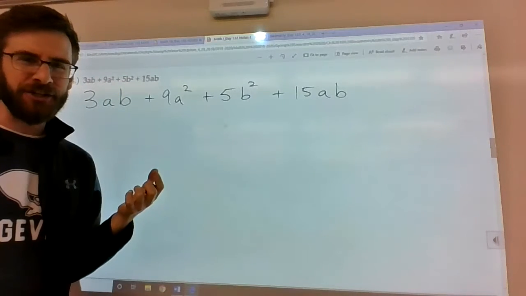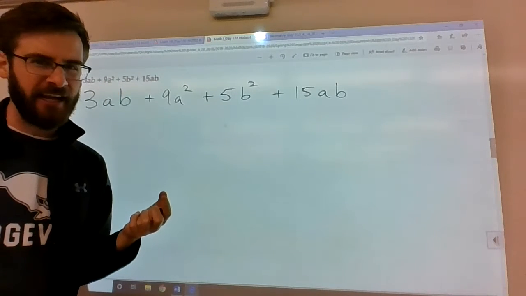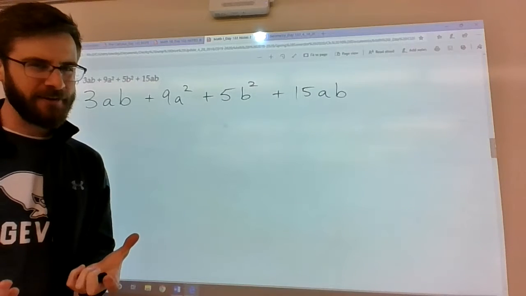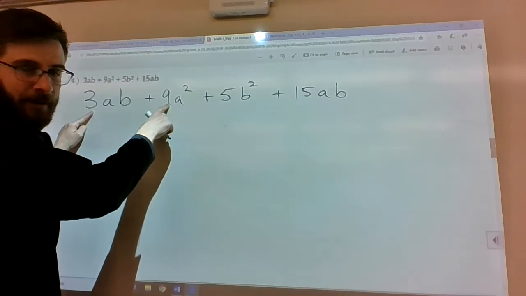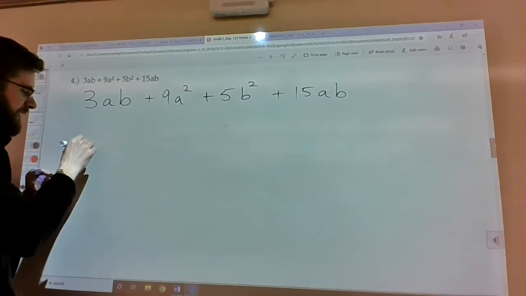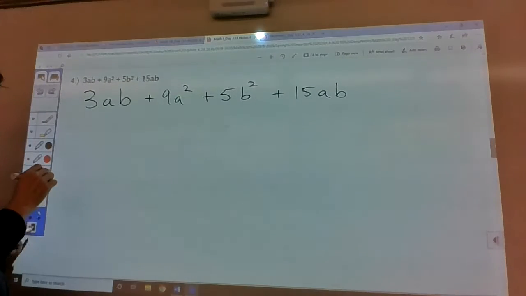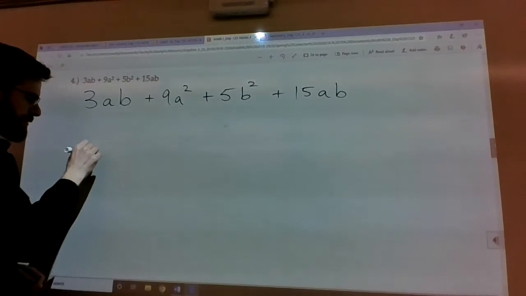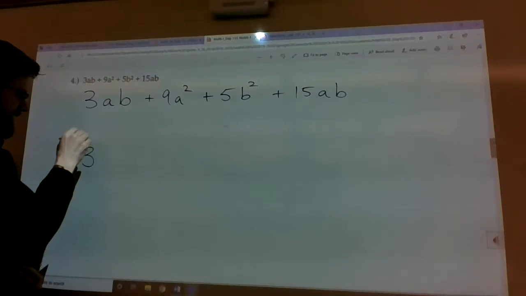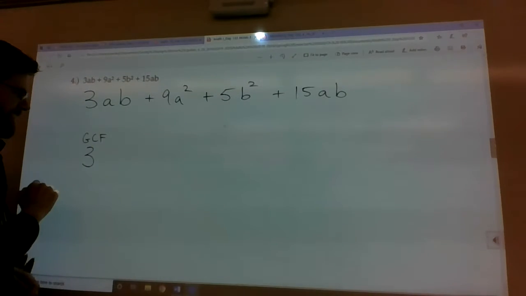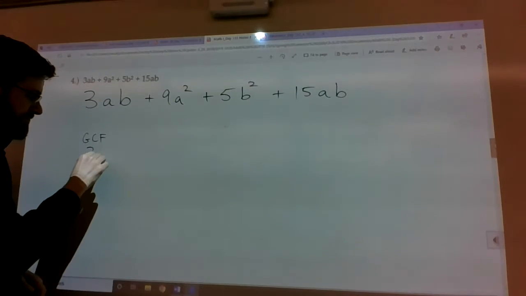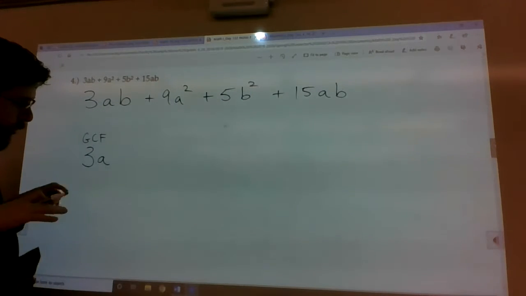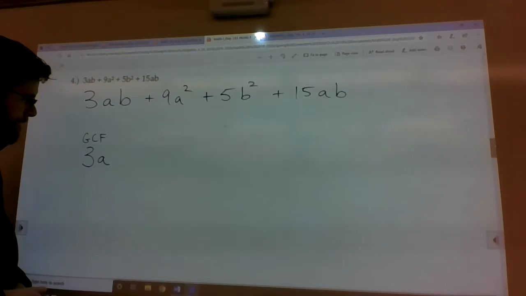Haven't I just done the work of factoring in that one little step? I just found out that they both divide by 3, so my GCF is going to be a 3. And then they both have an a. So maybe I can just forget the prime factorization and just go right for the GCF.